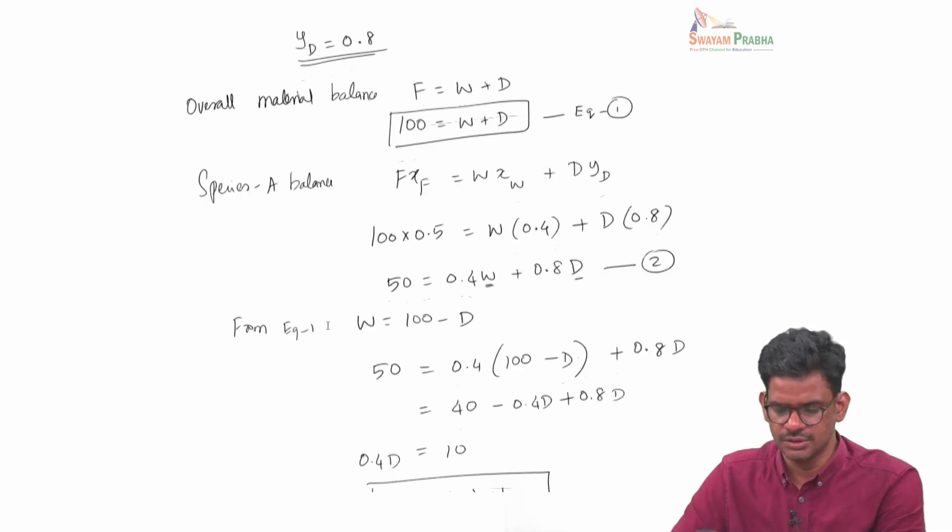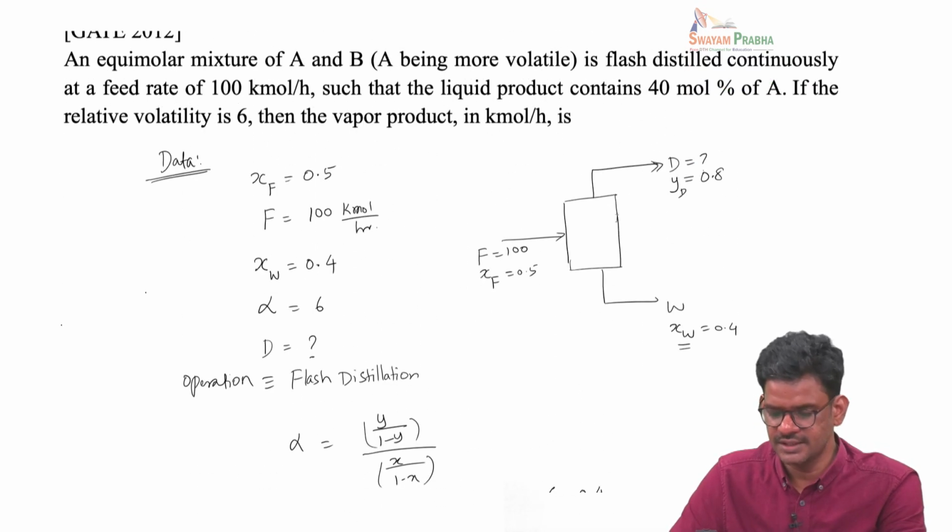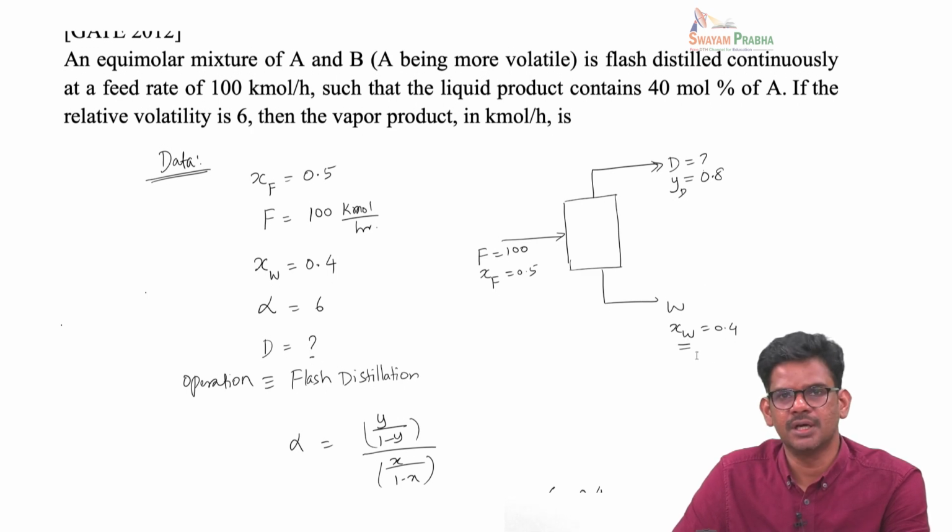Okay. So, what we have done in this problem is that it is a flash distillation, and since one of the product compositions, XW, is given, and we know in flash distillation this XW should be in equilibrium with YD.